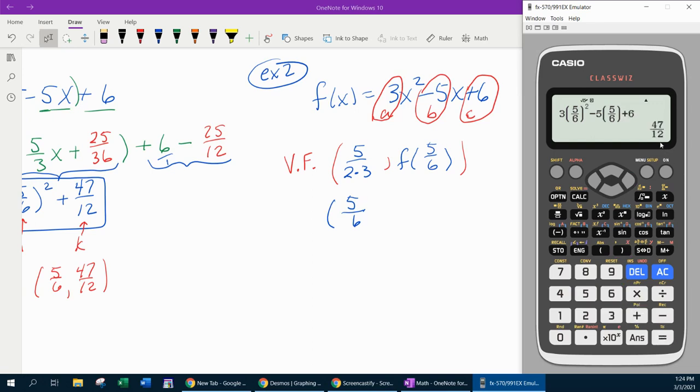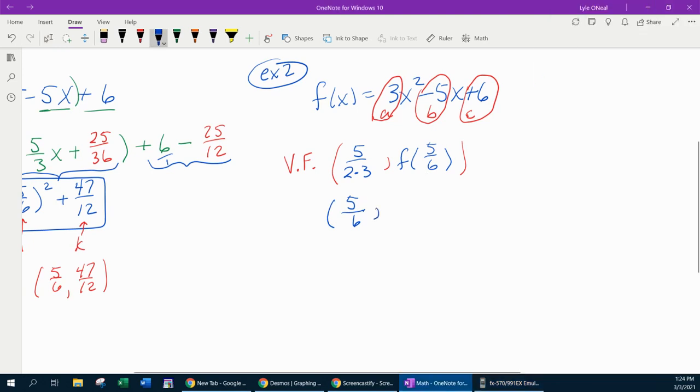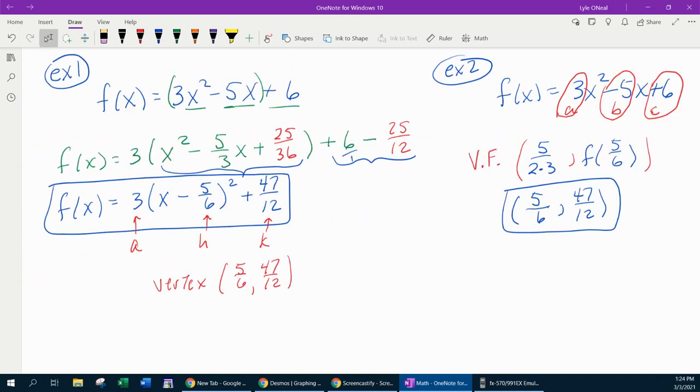And it gives us 47/12. So the y-coordinate of the vertex is going to be 47/12. And I would like to point out that that does correspond to the vertex that we got in the previous method.